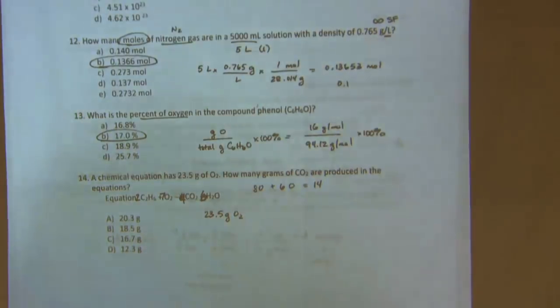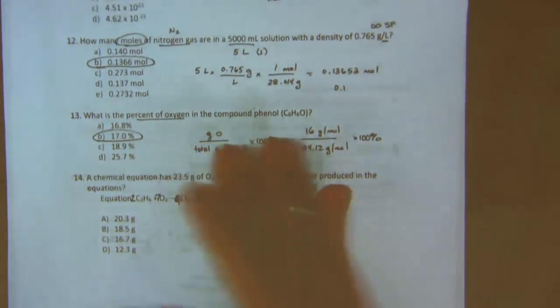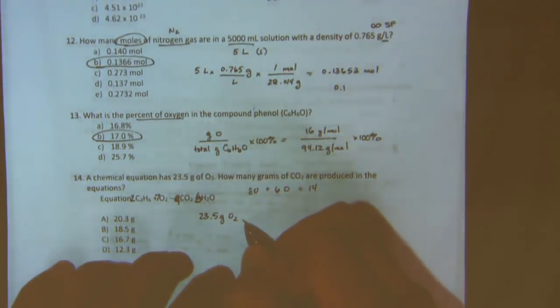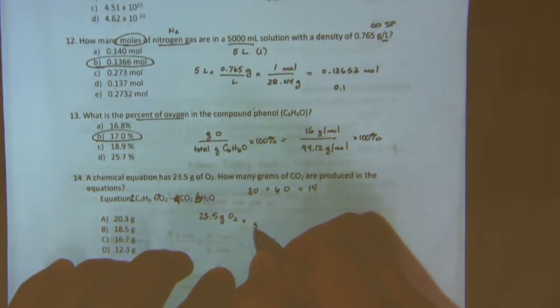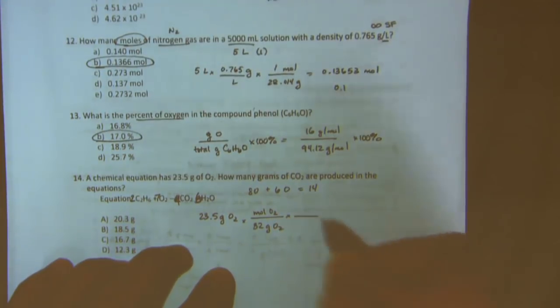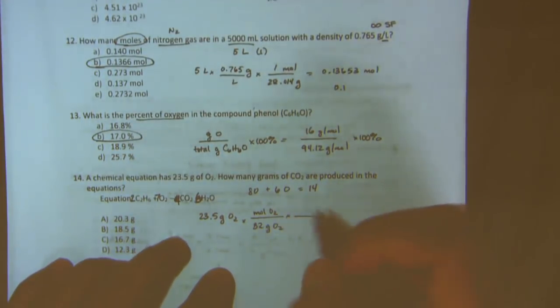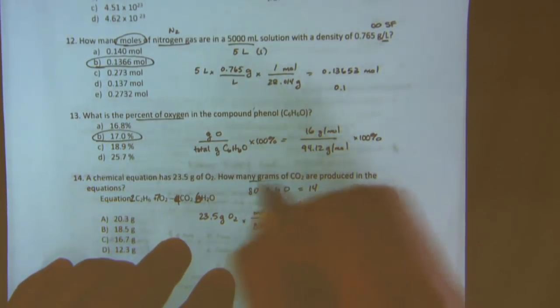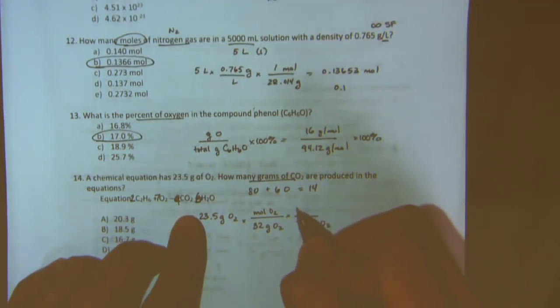So from here, we would multiply by the molecular weight. So we have 32 grams of diatomic oxygen per mole. Based on the mole ratio, we would have 7 moles of oxygen, and we're looking for grams of CO2. So we want to use this guy.